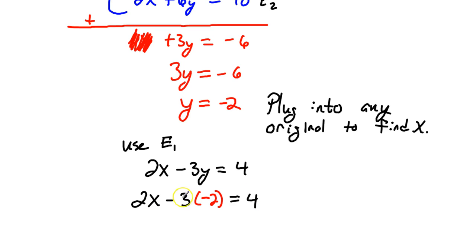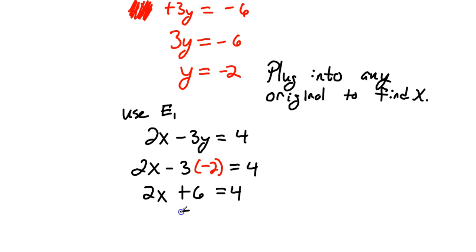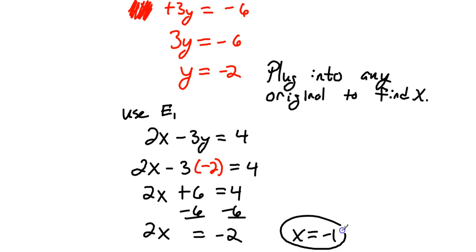It's just one multiplication. So you've got negative 3 times negative 2. That's positive 6. Subtract the 6 from both sides. And then when you divide by 2, you get x equals negative 1. And there's the two answers you're looking for.